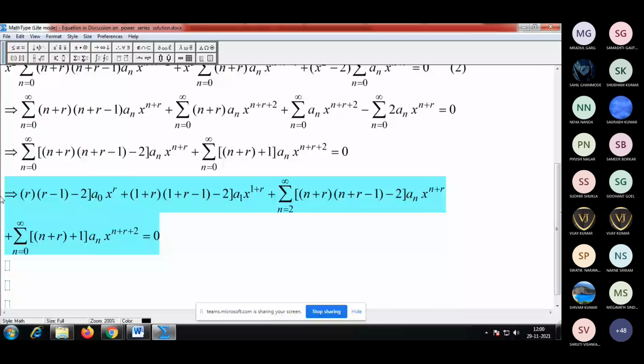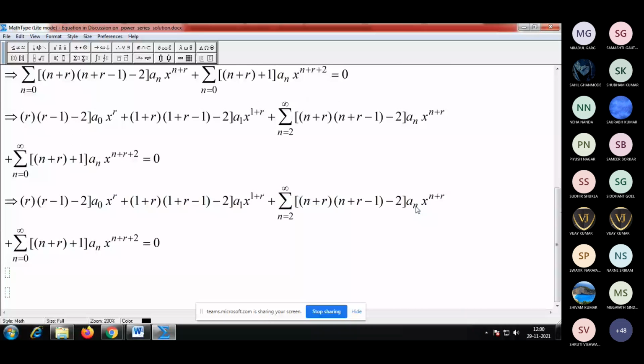So here n plus r plus 1, n plus r plus 2, and n will start from 0 to infinity.